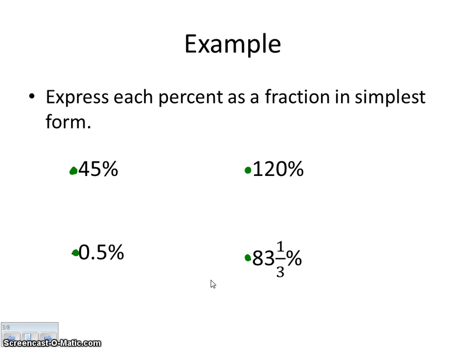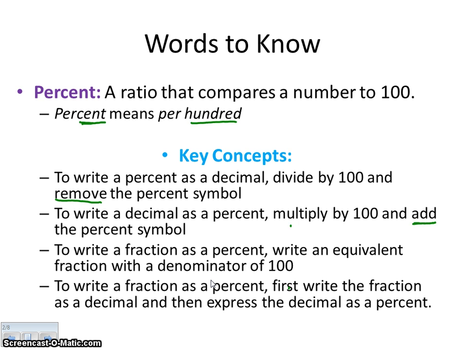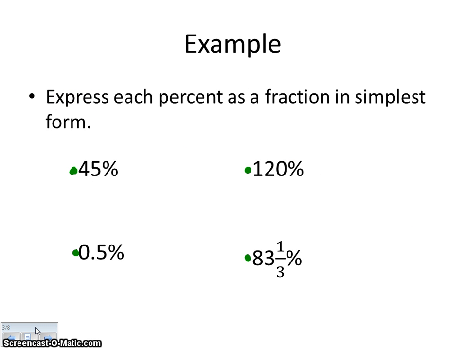Okay, so first of all, we've got the example 45%. It asks me to write the percent as a fraction in simplest form. Here it says to write an equivalent fraction with a denominator of 100. So my denominator is obviously going to be 100.